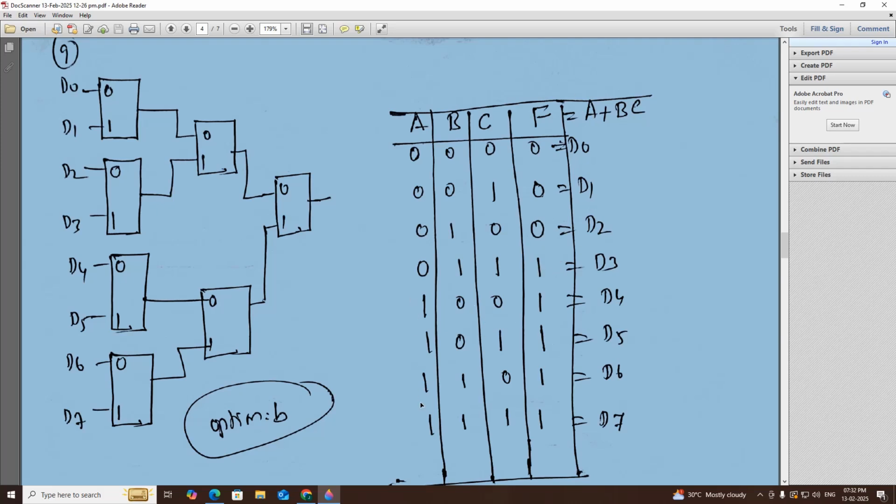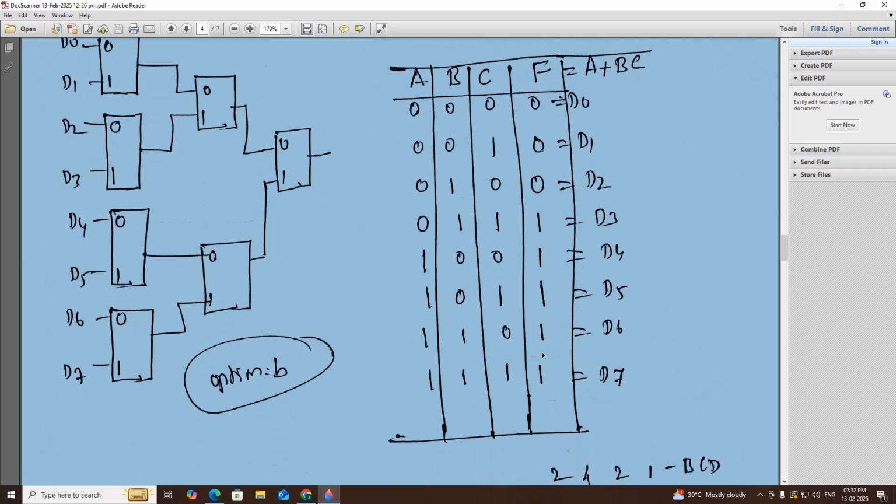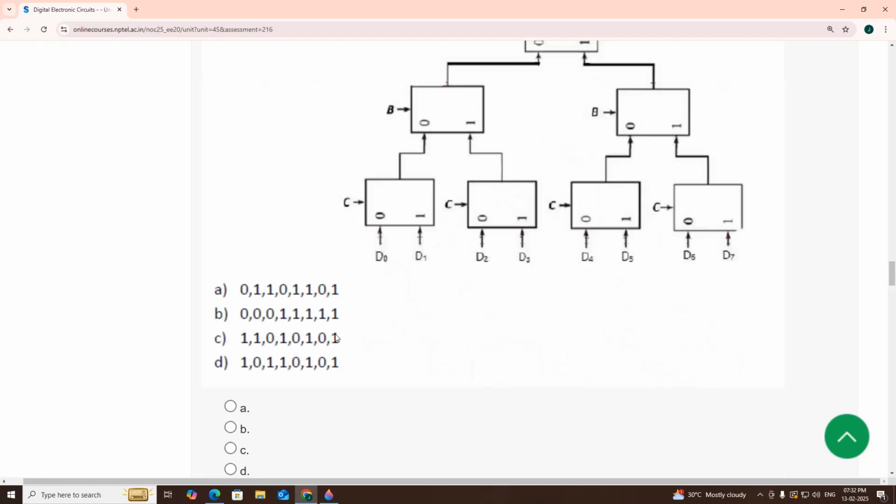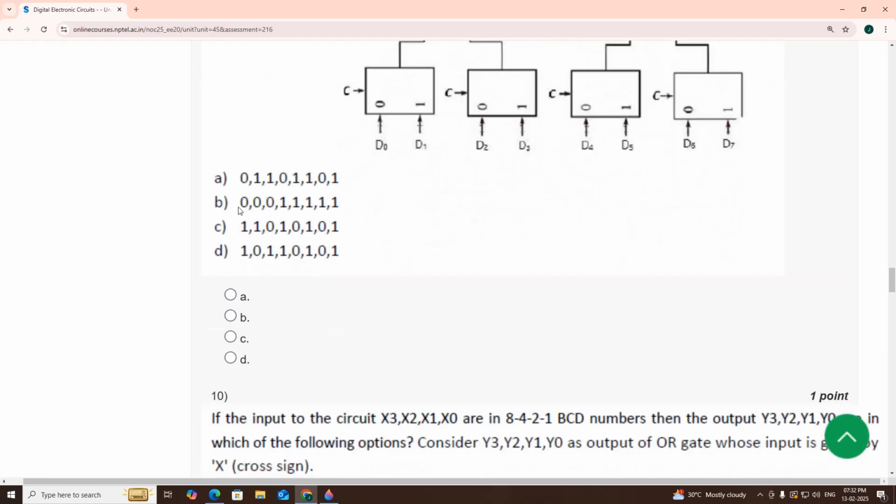For the remaining combinations, A is 1, whether the other is 1 or 0, A is always 1, therefore your outputs are 1, 1, 1, 1. And this becomes D0, this becomes D1, this becomes D2. So D0, D1, D2, first 3 zeros, remaining are 1s.